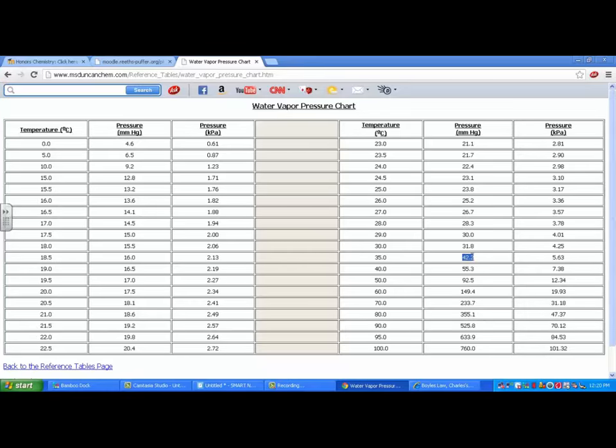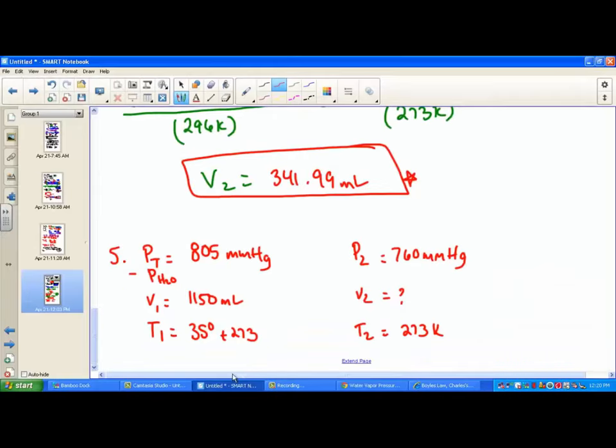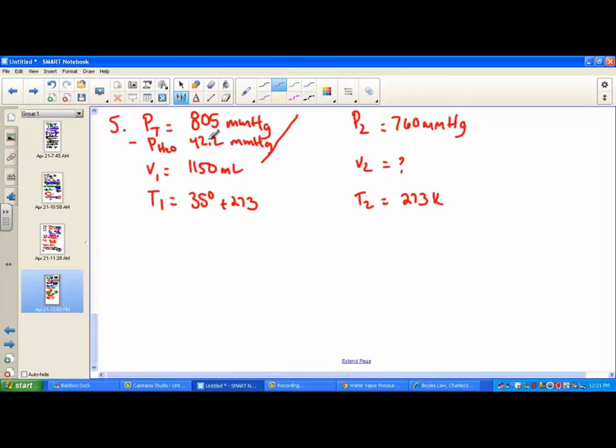So we'll have to subtract 42.2 torr units, 42.2 mmHgs. Subtracting like units will give us this dry gas. So let's hit 805 minus 42.2 and we get 762.8. This now becomes the P1.